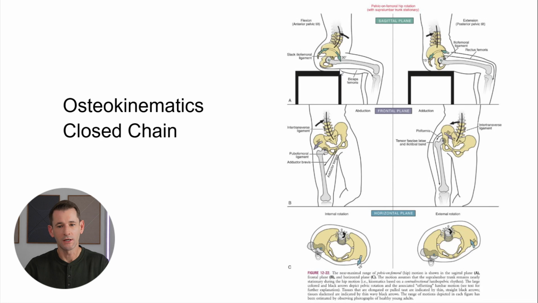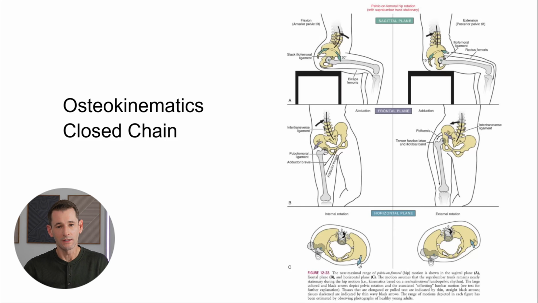I'm sitting in a chair, I rotate my pelvis forward, that's hip flexion. If I lean my pelvis backwards, that is hip extension. That posterior pelvic tilt results in hip extension. If I'm standing on my right leg and I hike my left hip, that's abduction on that right hip. If I'm standing on my right leg and I let my left hip drop, that's going to be relative adduction of that right hip.